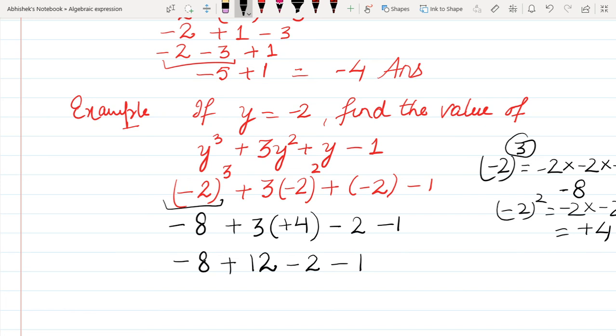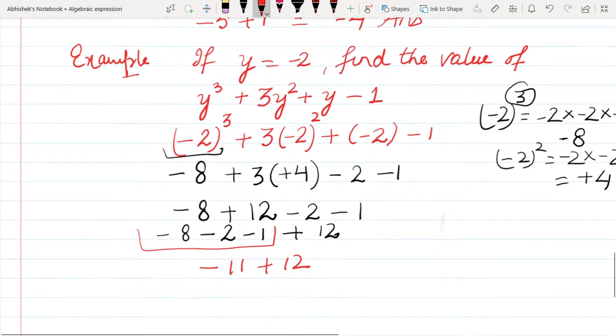Now collect the negative sign terms on one side: minus 8 minus 2 minus 1, and plus 12. All these three terms have negative signs, so we'll add all these terms and the sign of minus comes. 8 to 10, 10 and 1 is 11, and the sign will be minus, plus 12.